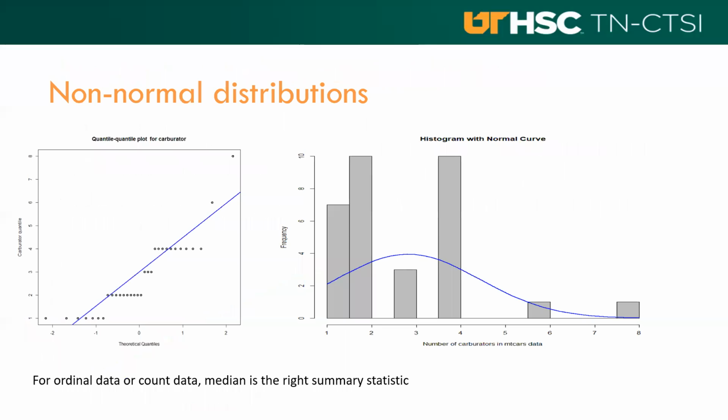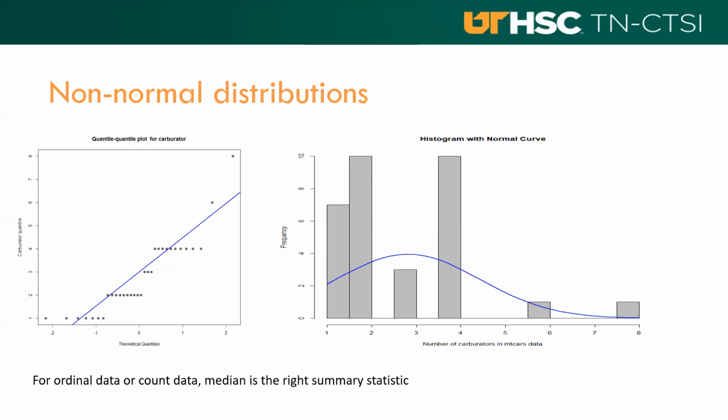So this is again another way to look at whether the data is normally distributed or not. Normal distribution is one of the methods to decide whether to use the mean or the median for summarizing the data. In the first case, this is again a quantile plot for carburetors. Long time ago, before the modern cars, cars used to have some kind of barrels based on the number of cylinders, and it ranges from about 2 to 6, and these are the quantiles of the carburetors.